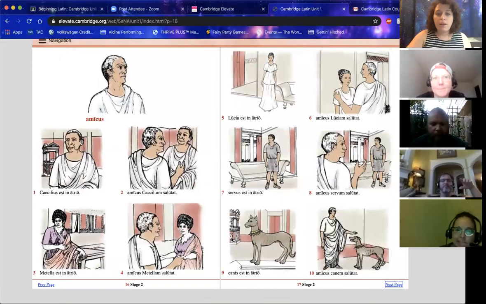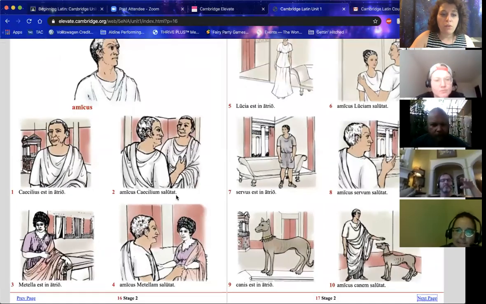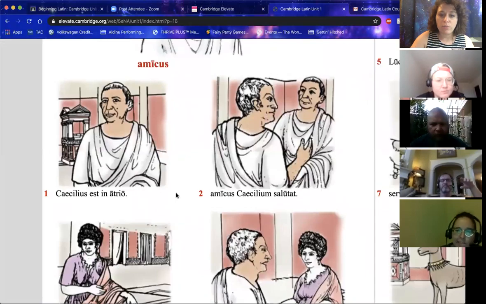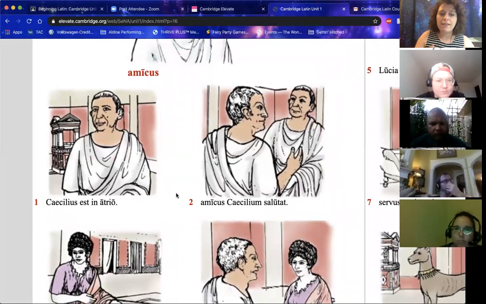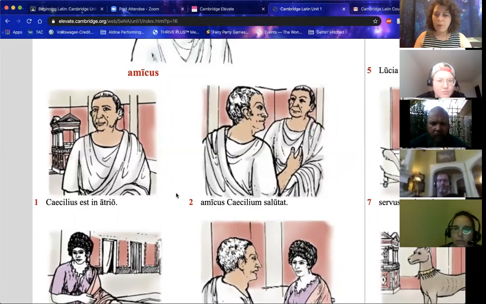So we are going to start looking at these endings. We're going to read the next couple pages after we've looked at a few of these endings. If we look at number 1 and 2, in both of these, we see Caecilius. We have Caecilius est in atrio, and then in number 2, Amicus Caecilium salutat. What has changed between how Caecilius looks in number 1 and how it looks in number 2? The S turned to an M. So we had an us ending, and now we have an um ending.